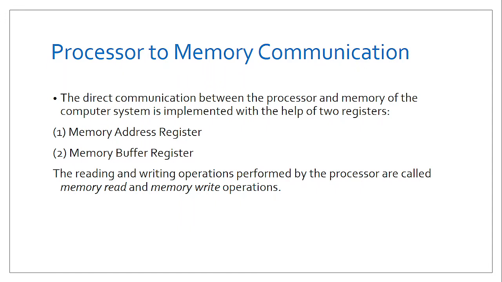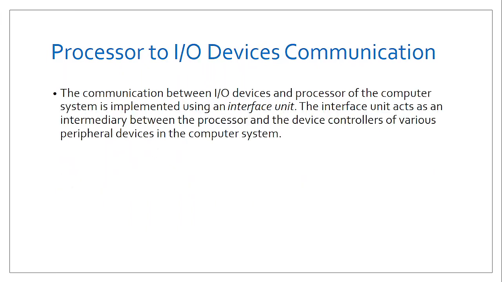So that process of fetching an instruction, we refer to it as reading the memory, right? And when it wants to process whatever it has fetched, that is what we refer to as writing the memory, like it's now executing that particular instruction. So these 2 read and write operations are very, very crucial in terms of processor to memory communication.